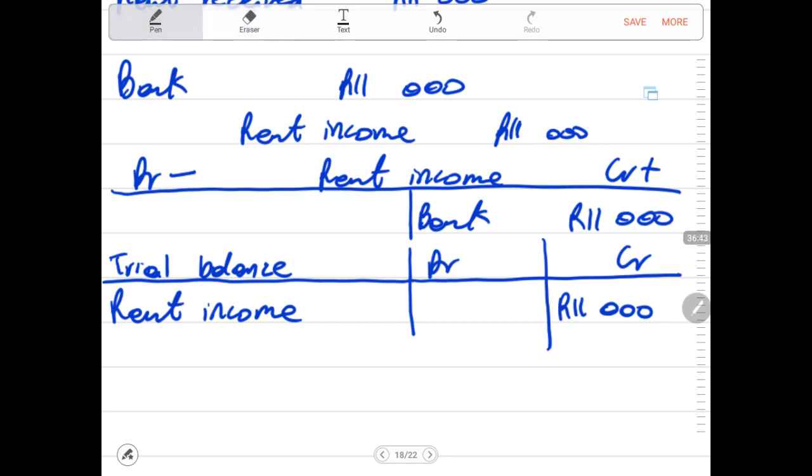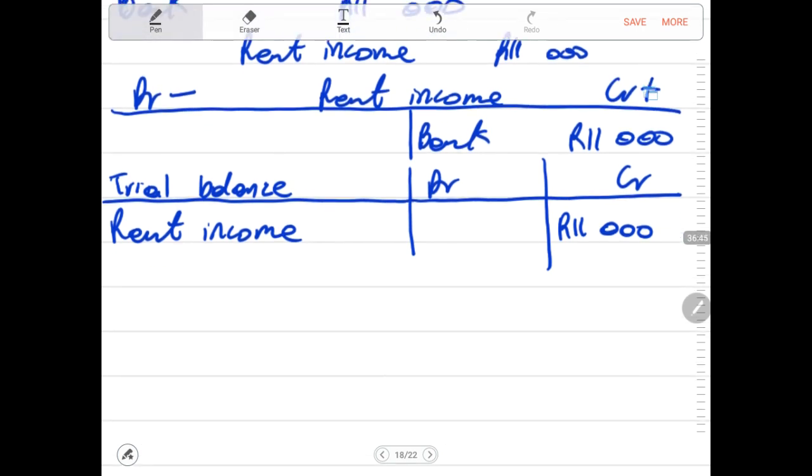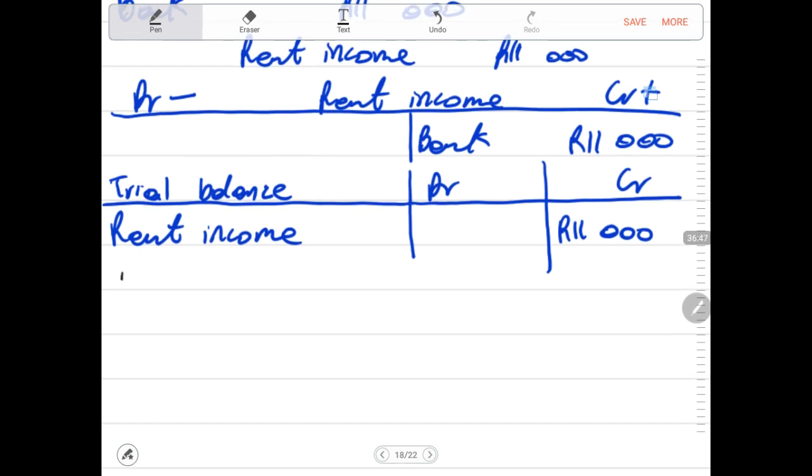Now we have a trial balance. After the trial balance, we know that there will be additional information. I'm not going to write everything now. We know that is additional info, and we already know what I'm going to say. They will say the rent was received for 11 months. We already know that, and they will say the same thing that you know also when it comes to your assessments.